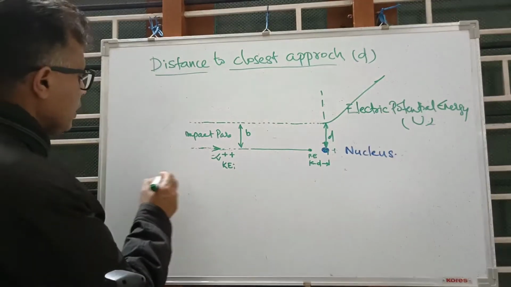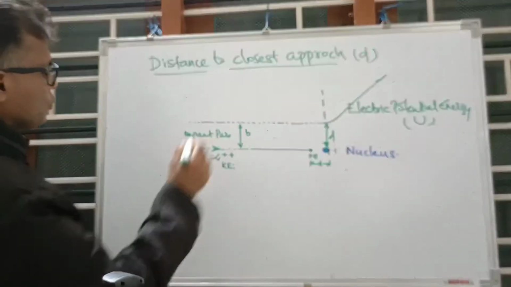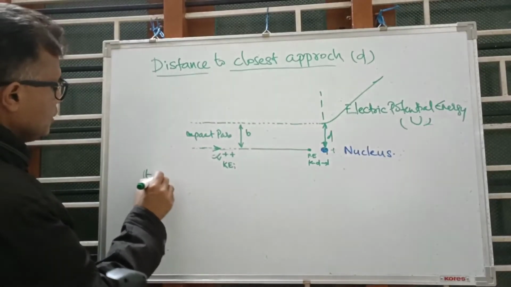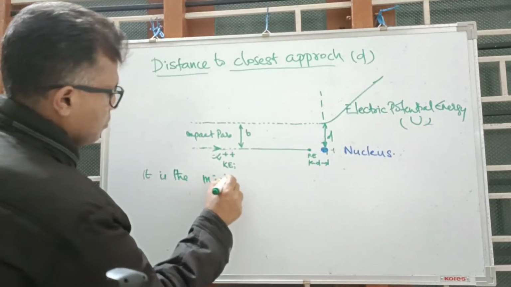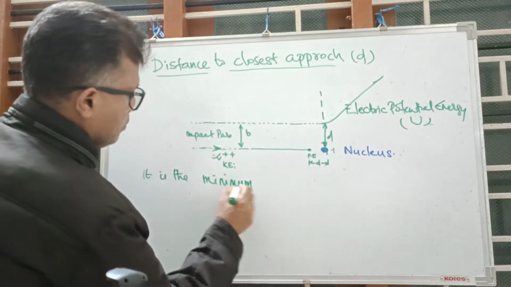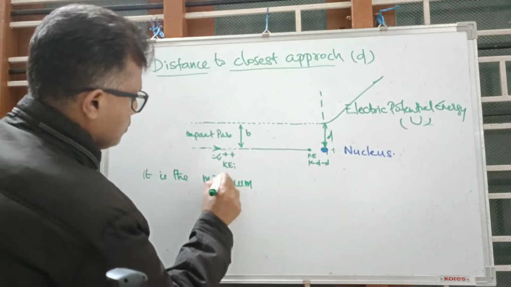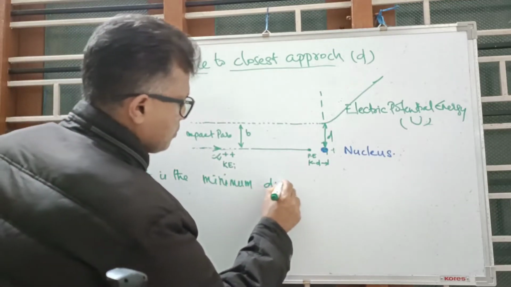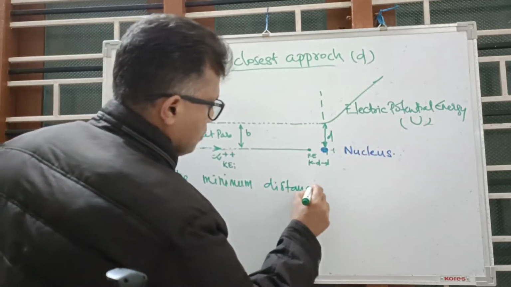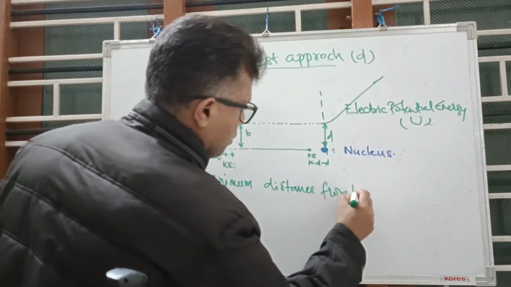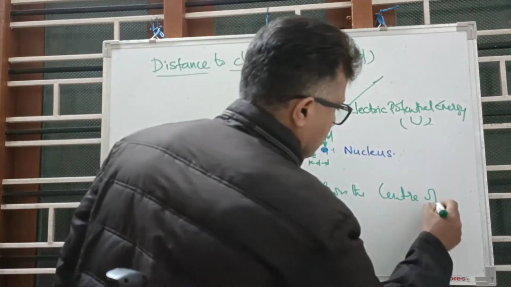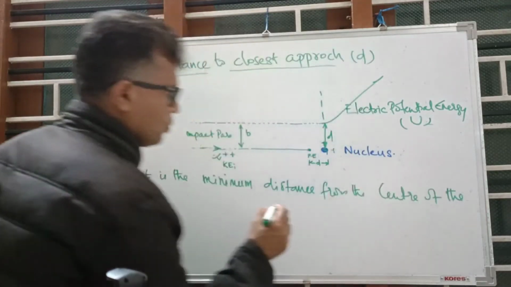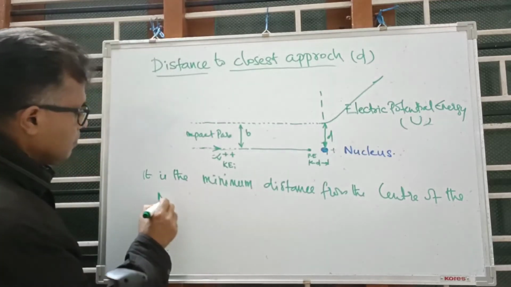So I'll just write it there. The distance of closest approach. It is the minimum distance from the center of the nucleus.